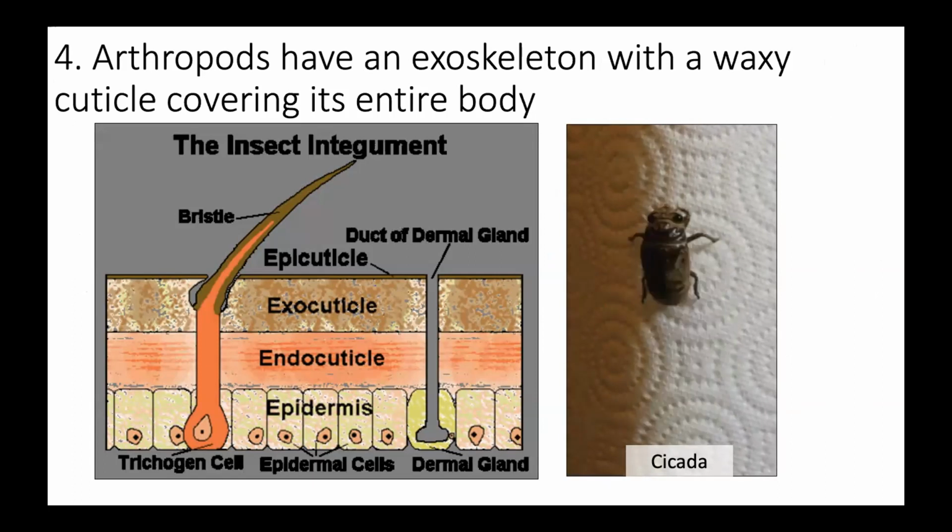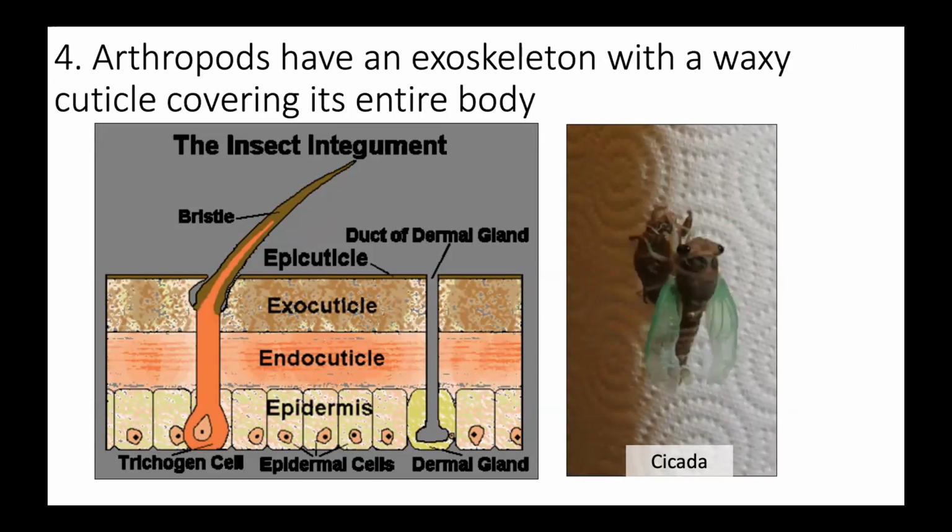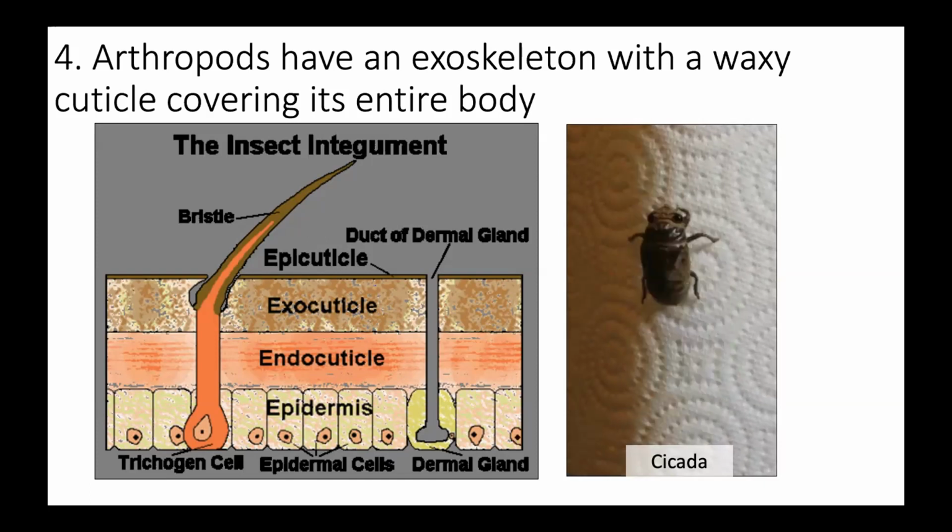We've got the 17-year cicadas, and we also have our annual cicadas. Sometimes people complain that they're loud, but that's their mating call. That's what they do. So this exoskeleton is just a huge characteristic for insects and spiders and all those arthropods.